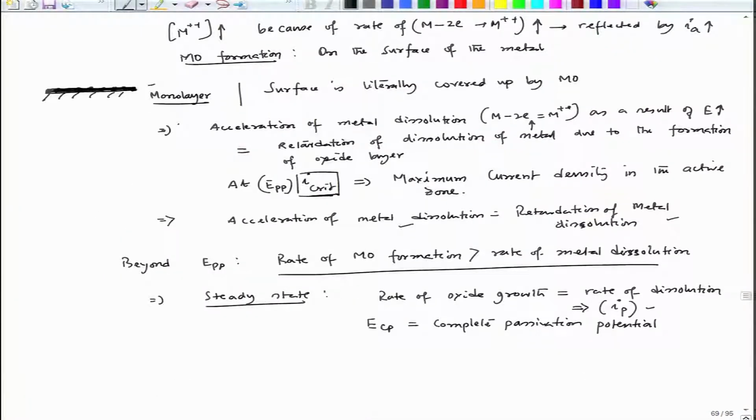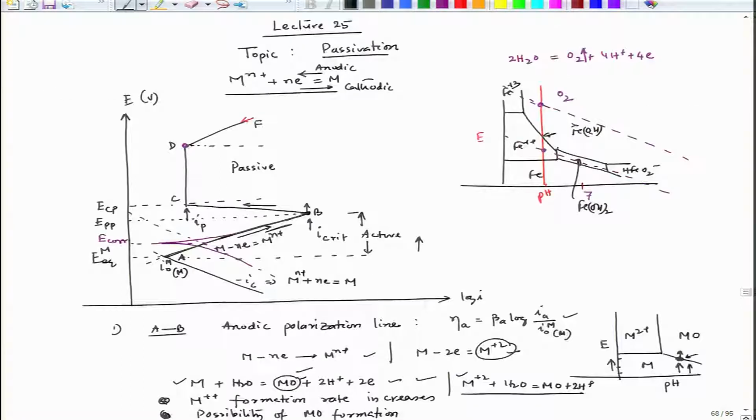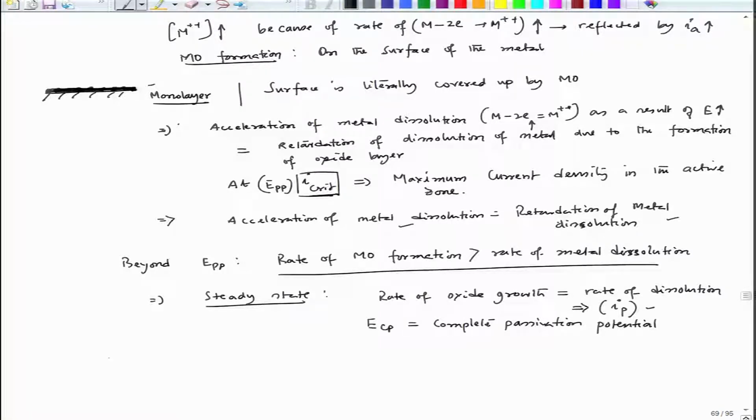Now, beyond this passivation, I could see that my I p does not change; it is a constant current density, which is the dissolution rate of that particular metal over a range of potential. Now, what happens here?